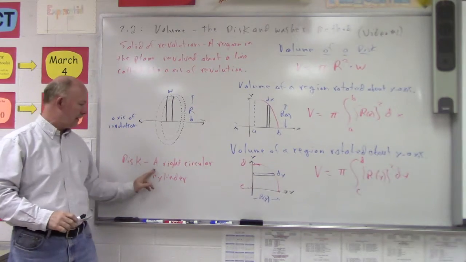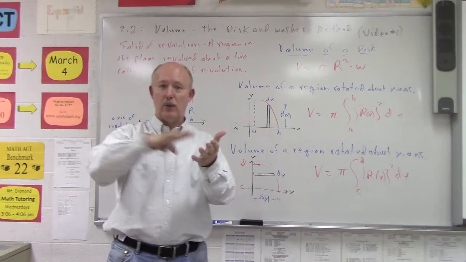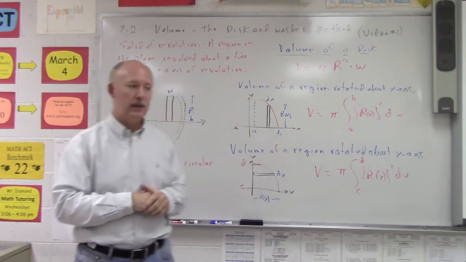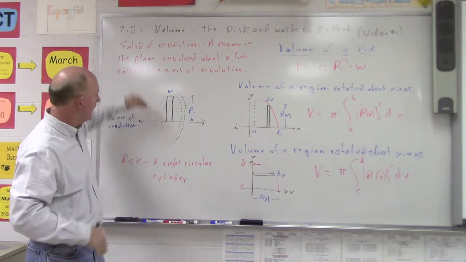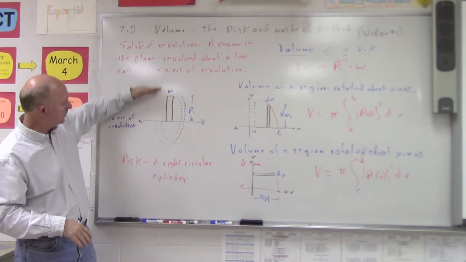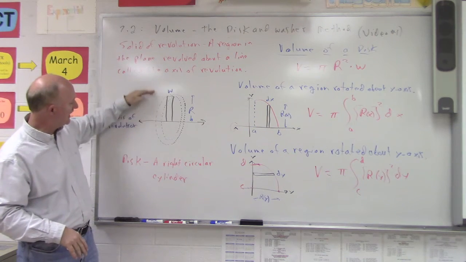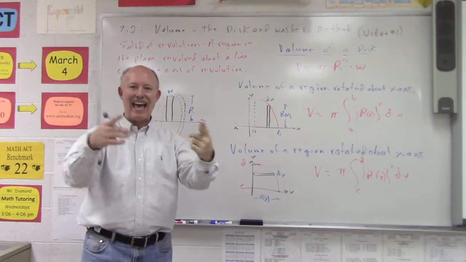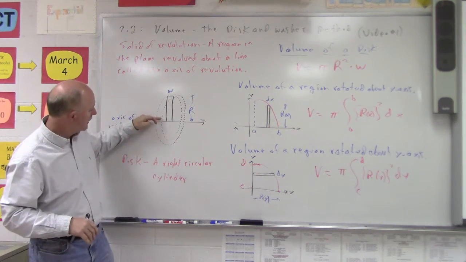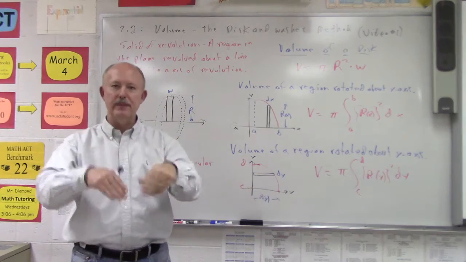Now a disc is simply a right circular cylinder, or a somewhat flat right circular cylinder. As you look at this rectangle, this here is going to be your width, and this here would be the length. Whenever we rotate that rectangle about the axis of revolution, the length of this rectangle will also be the radius of the disc.